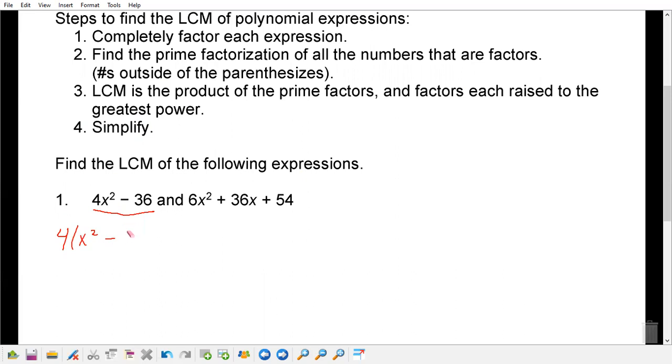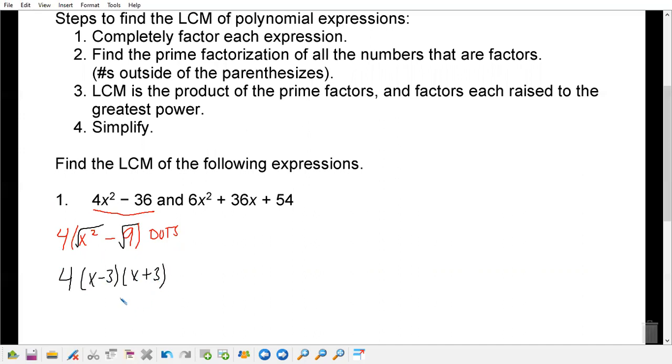I have no clue why I wrote 16. x squared minus 9. And now I'm down to a difference of two squares. So this is a dots situation. So remember dots, I'm in my mind asking myself, what is the square root of x squared, the square root of 9? So that gives me 4 times x minus 3 times x plus 3.